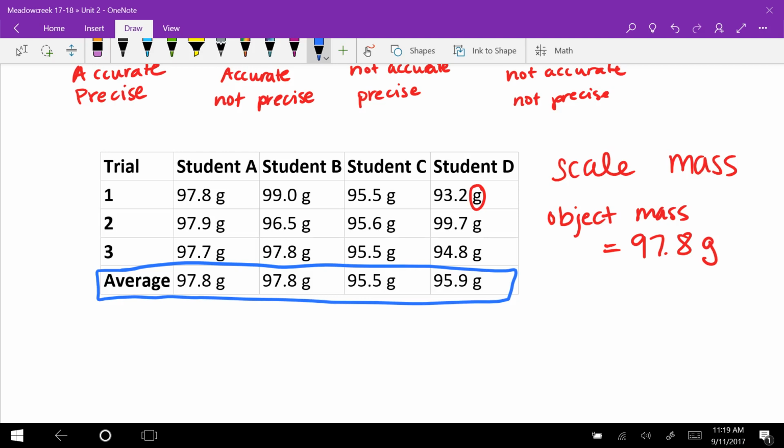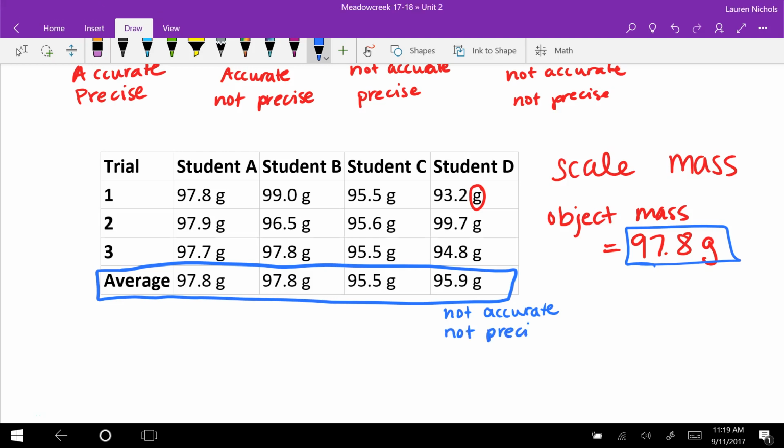And so because our true value is 97.8, we would say that this student is not accurate. And then for precision, we look at the individual trials, 93.2, 99.7, 94.8. They're spread all apart. They're not close together, so this person is also not precise. They are not going to be getting a good grade on their lab.